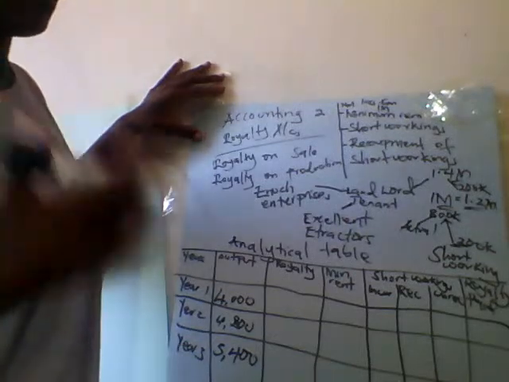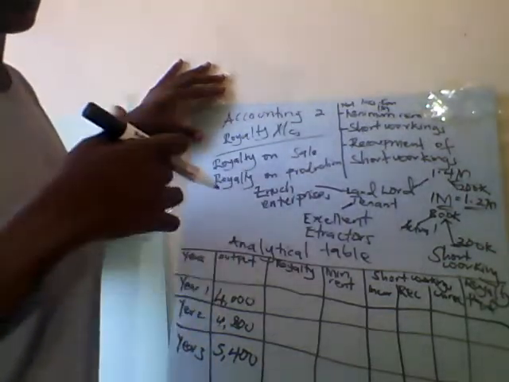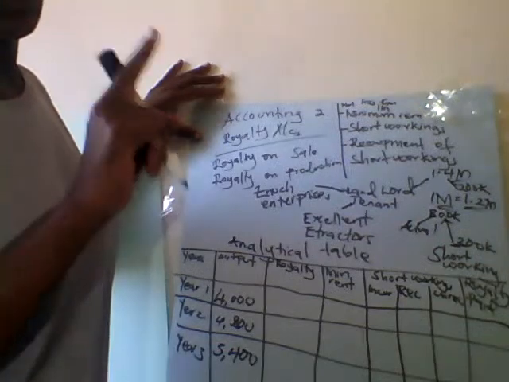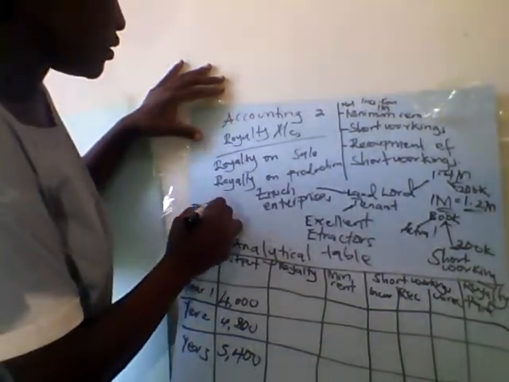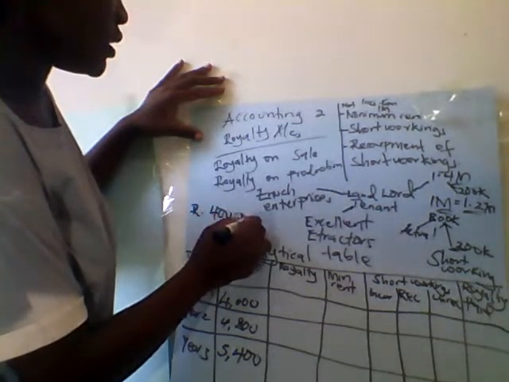So every time they extract 1 ton, they are supposed to pay 400. So the royalty is 400 per ton.